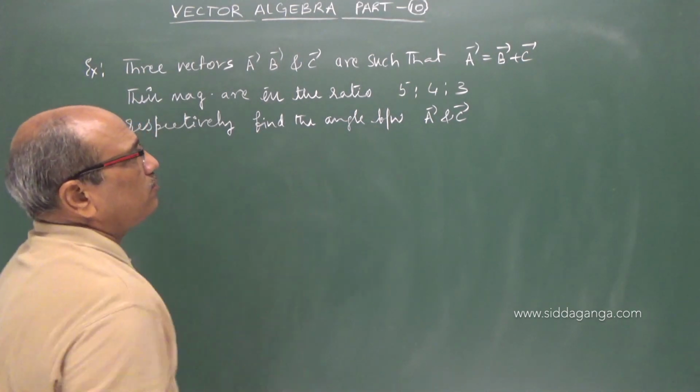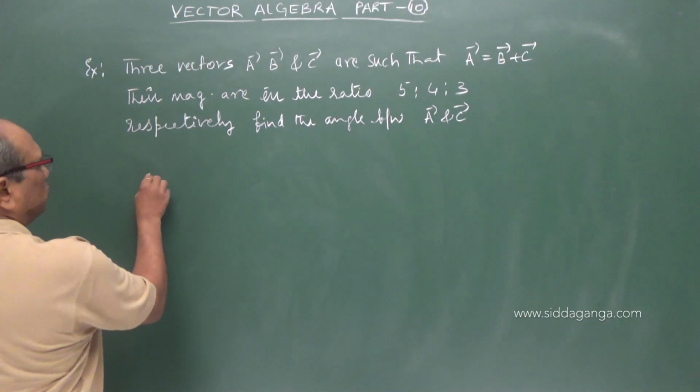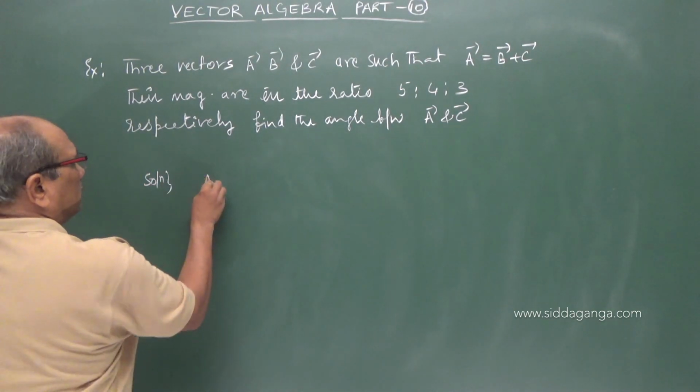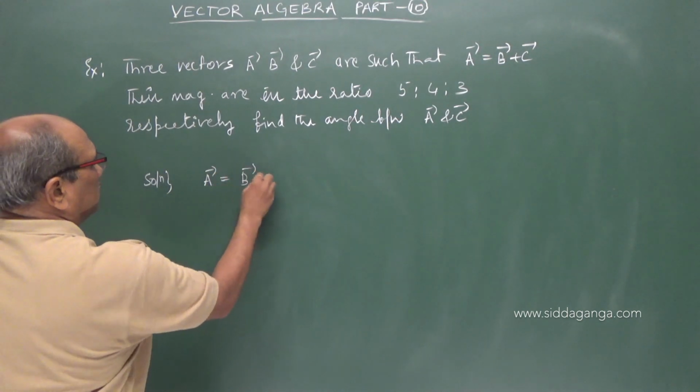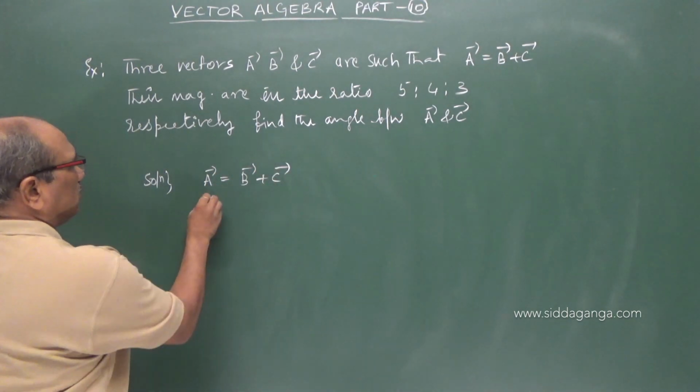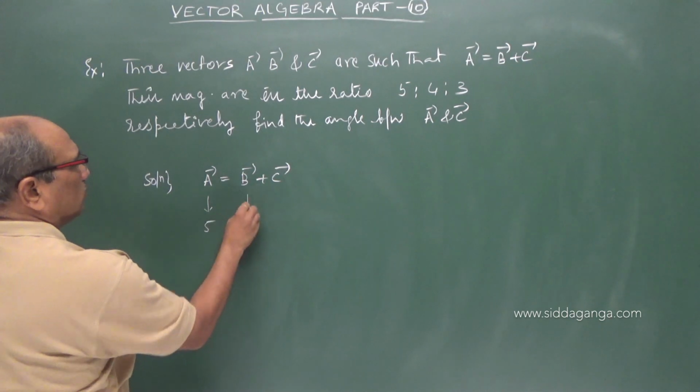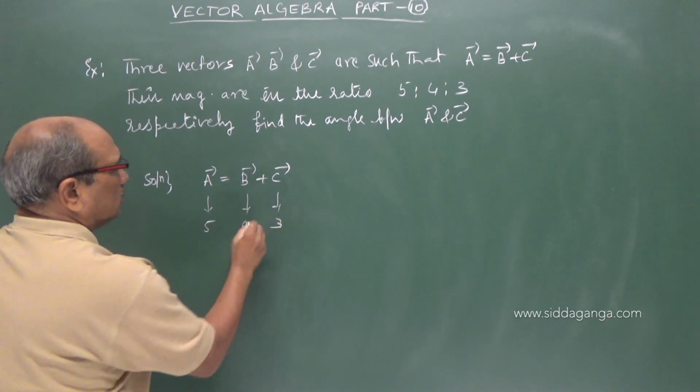So they have given the three vectors. Solution: A equals B plus C, and correspondingly they gave 5, 4 and 3.